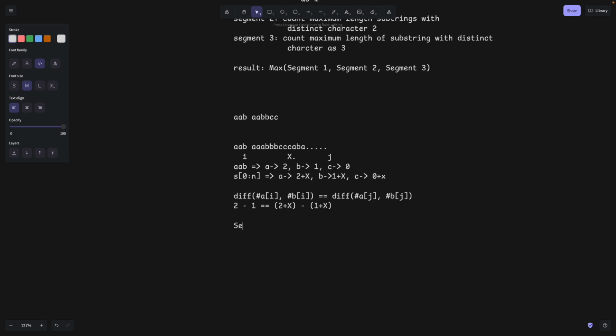So for the segment of 3, at each index we iterate over and calculate the difference between each pair.